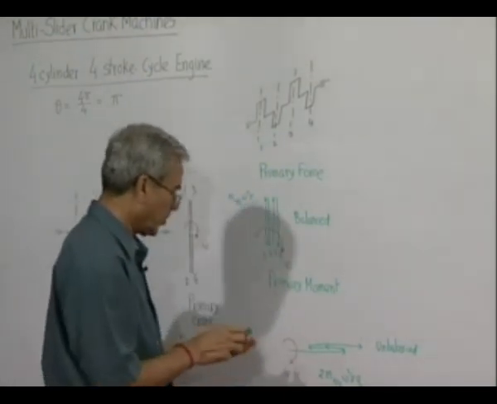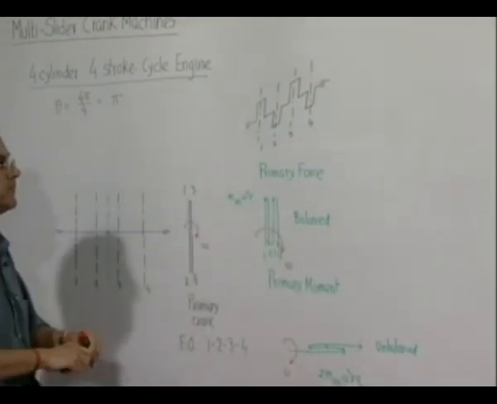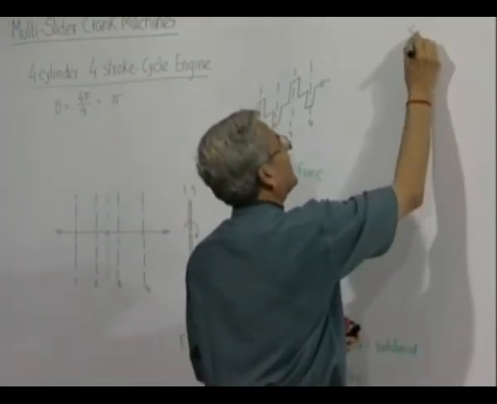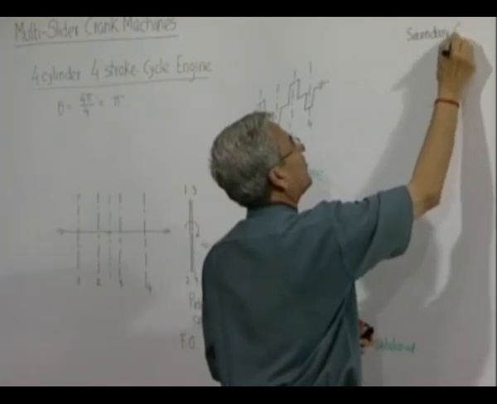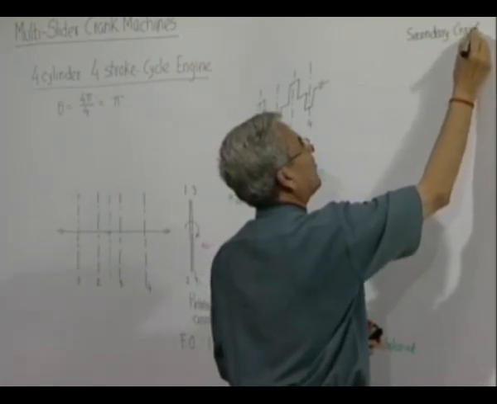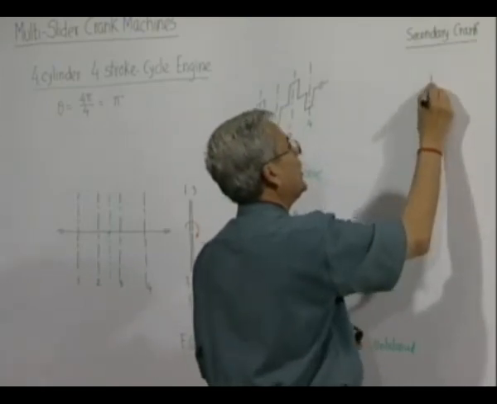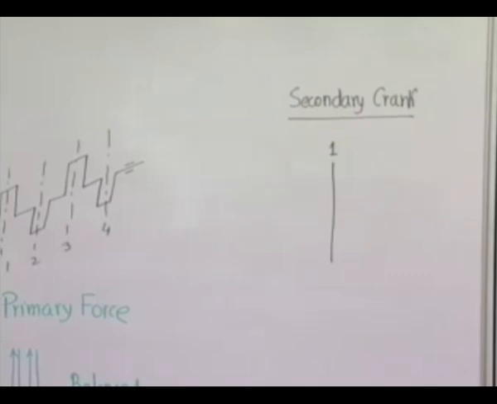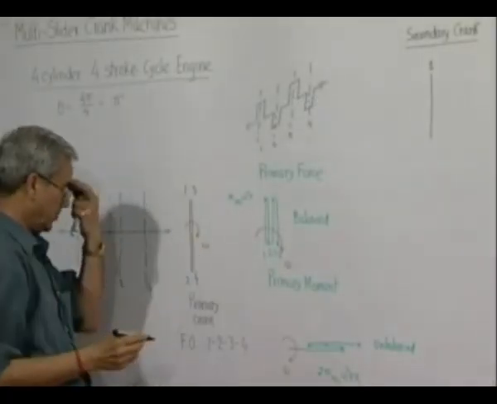Now, when you draw the secondary crank, 2 into 0, that is for cylinder number 1 or crank number 1, it will be 0. Then 2, it is at an angle 180 degrees or pi.